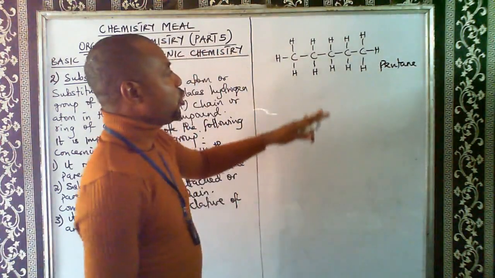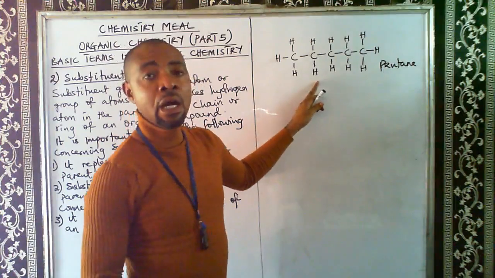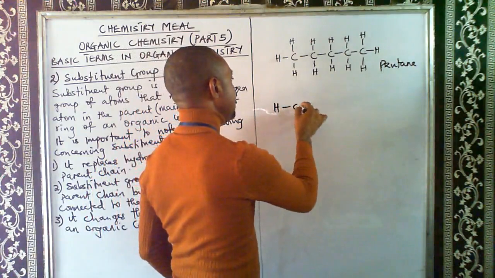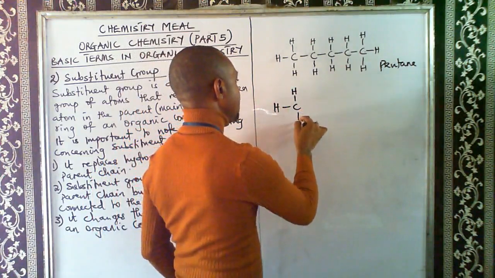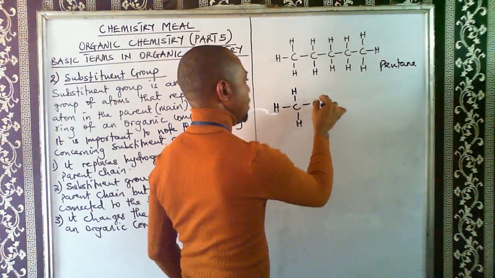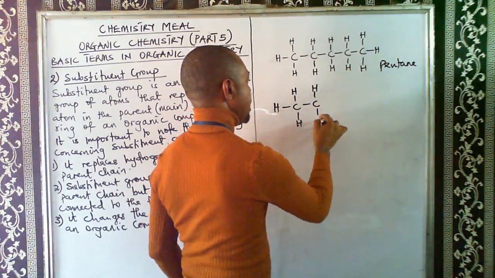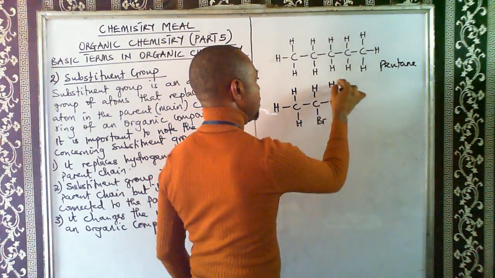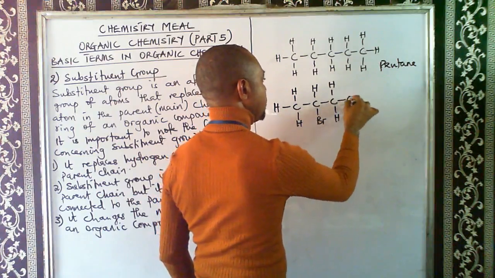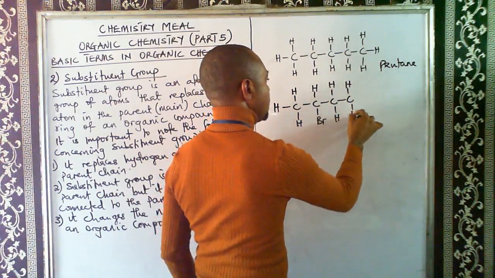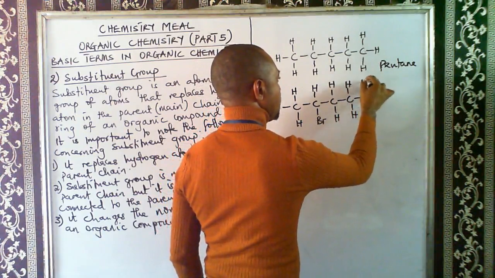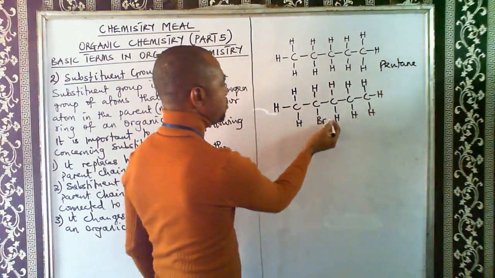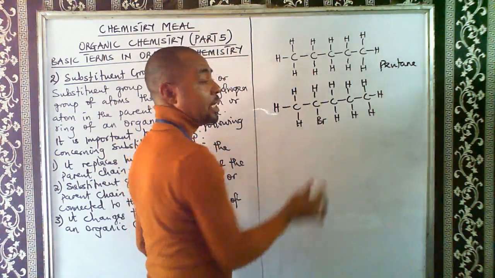Now, if I introduce a substituent group, let's take for example, I now have this, and then I replace this with the bromine that I used before. Now you see, I just used a bromine atom to replace a hydrogen atom.